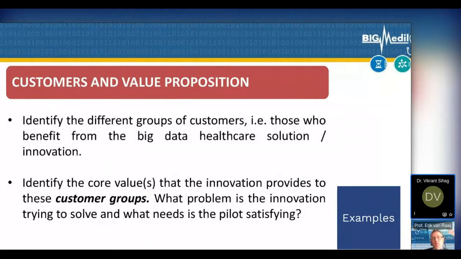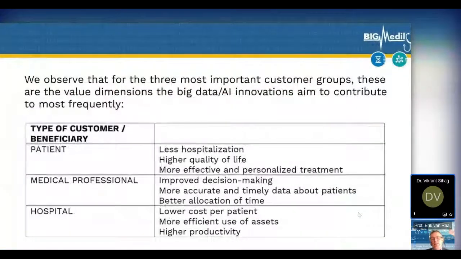Now, it would take too far to give you a total list of all the value propositions, but we looked across the 12 pilots, and we can share some examples with you. And again, you will recognize many from the different pilot team presentations that you've seen.